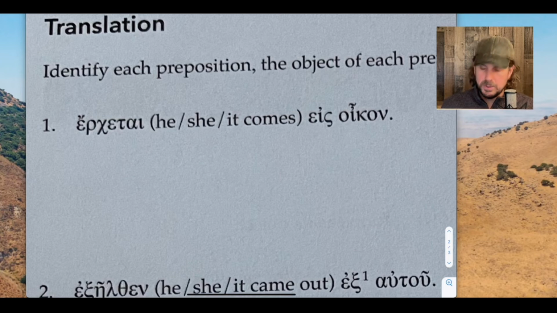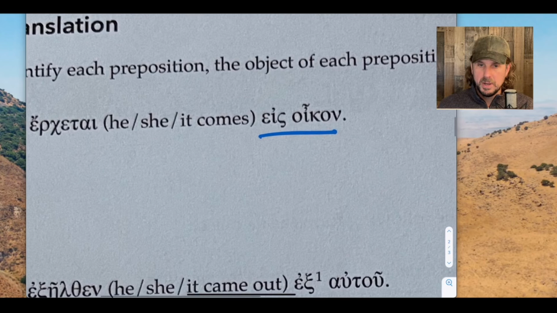It could be he, she, or it. We learn about the subject somewhere else in the sentence. Erchetai is what we call a present tense verb, or continual aspect.